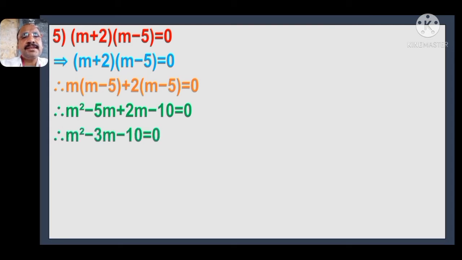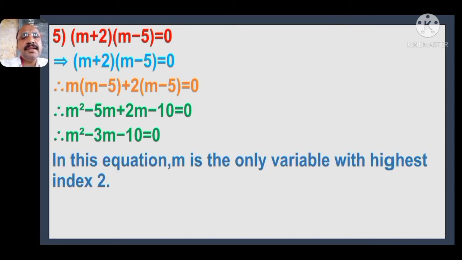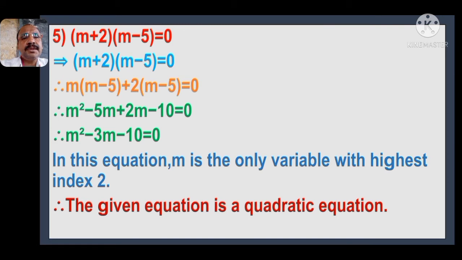Minus 5m plus 2m we get minus 3m. Therefore, m square minus 3m minus 10 is equal to 0. And in this equation, m is the only variable with highest index 2. Therefore, the given equation is a quadratic equation.